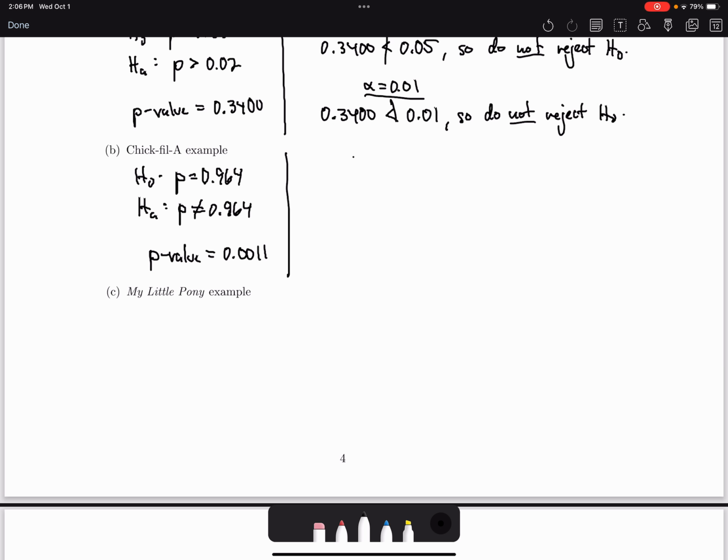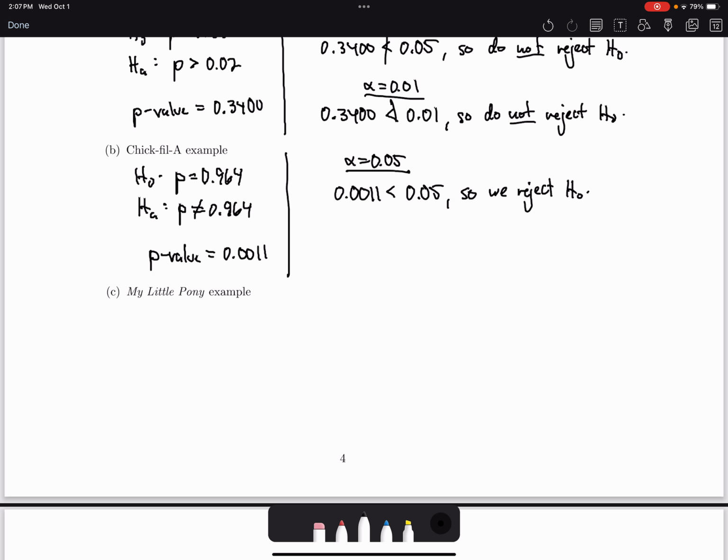Well, at the alpha equals 0.05 level of significance, again, we would compare our p-value to alpha. And what we want to know is, is our p-value less than alpha? And in this case, yes, it is, right? Our p-value is less than alpha. So we reject H null.